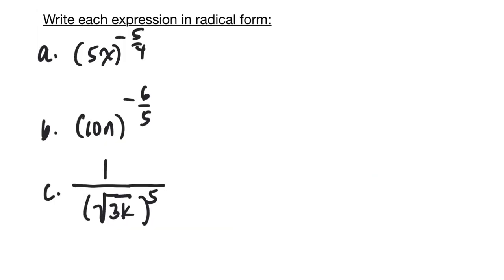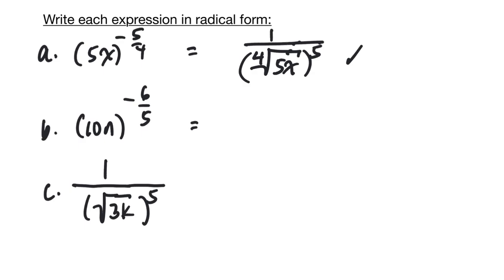Write each expression in radical form. So the radical form of this is going to be 1 all over the fourth root of 5x raised to 5. Okay. Next, 10n raised to negative 6 over 5.